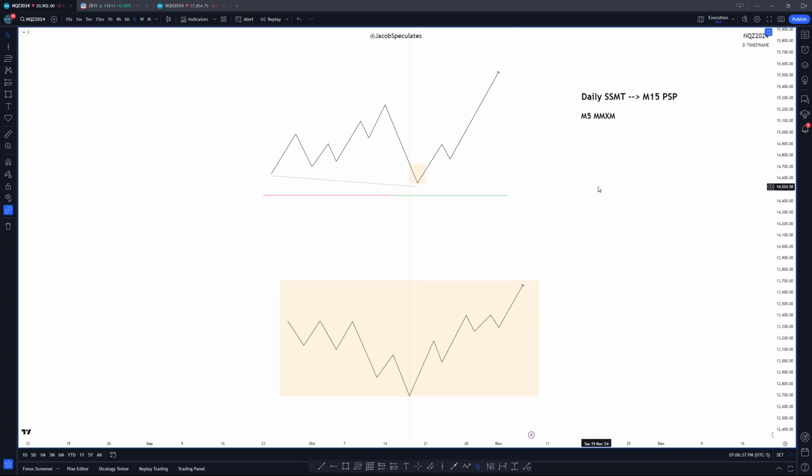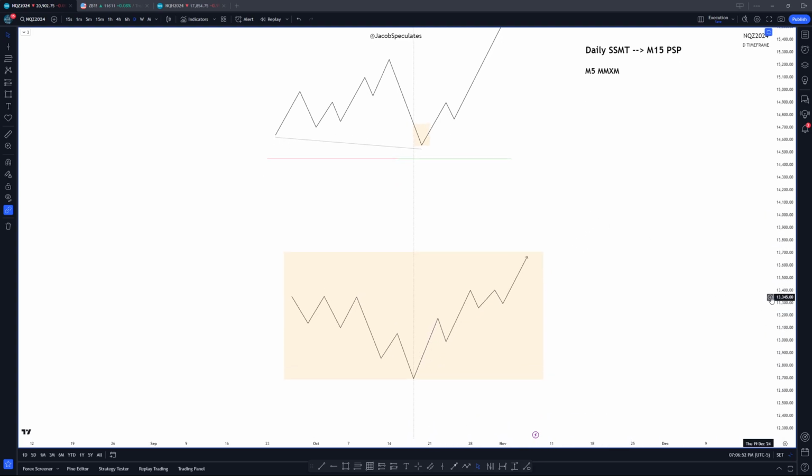Well, buy program. And you just bump it down one time frame. So, daily SMT, 15-minute PSP, drop down to a 5-minute chart, you'll see something that looks similar to this. And it's very consistent.